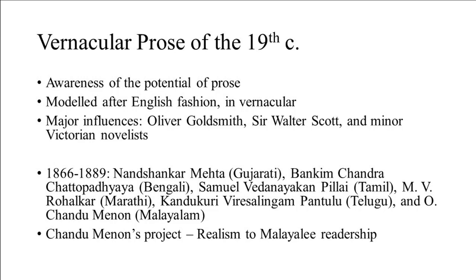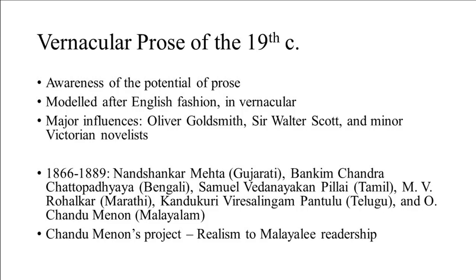This was imbibed into vernacular prose in this century. Most of the novels and prose written in this period are modeled after English literature. Most of it was being written in vernacular languages, but it was inspired by British writings.